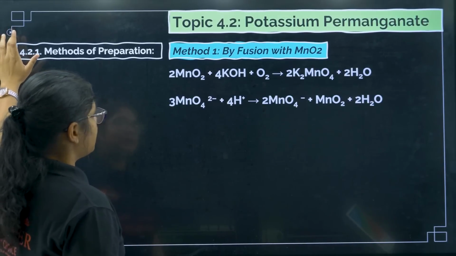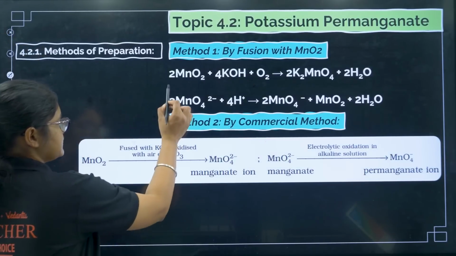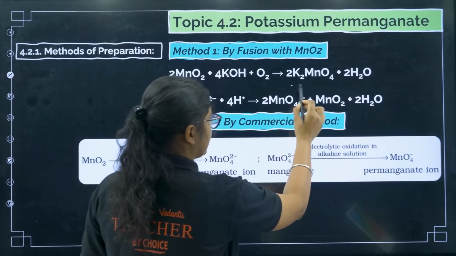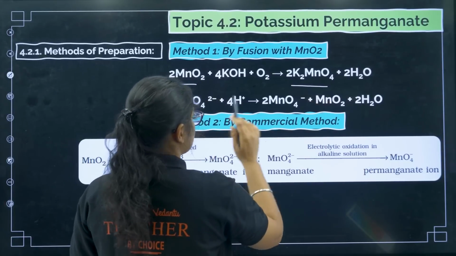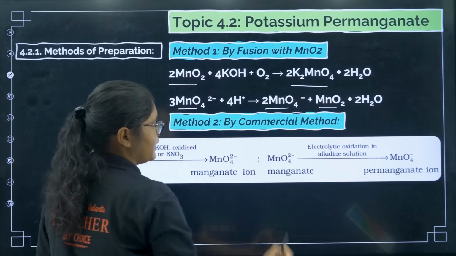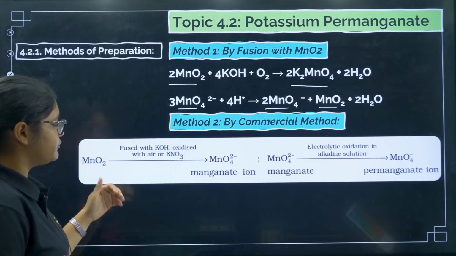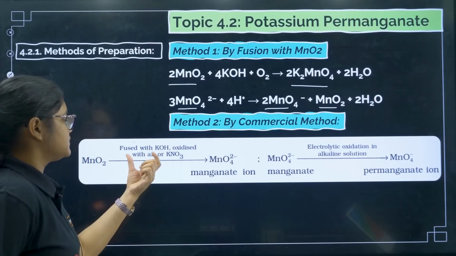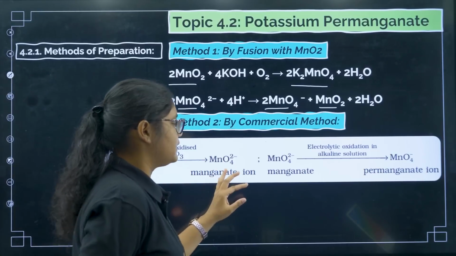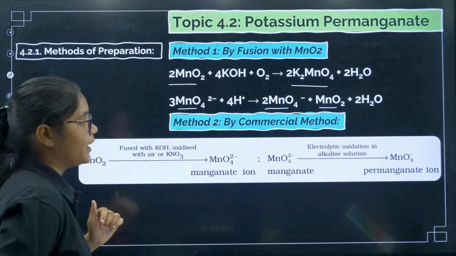Next, potassium permanganate. We have two methods of preparation. The first one is using MnO2, you convert it into K2MnO4, manganate, then manganate is converted to permanganate, MnO4-. Another commercial method is where you take MnO2, fuse it with KOH, oxidize with air or KNO3, you get manganate ion, then with electrolytic oxidation you convert it into permanganate ion.